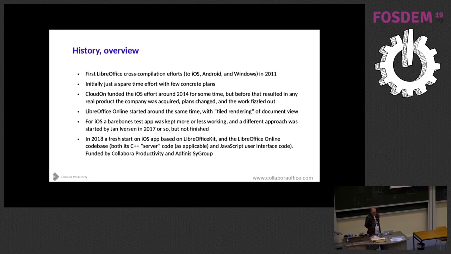That is what is used in the online. We send these tiles to the client as PNGs basically. And for iOS, we had only a very bare bones test app that was kept working, but really not much work was done on improving it.